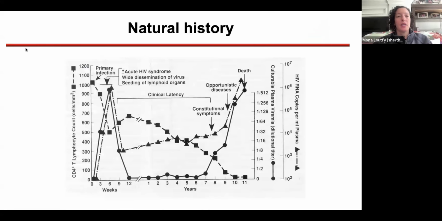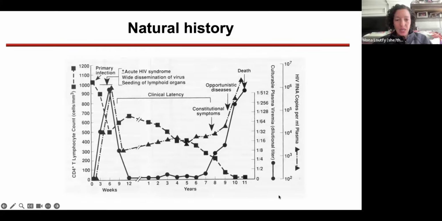Okay. This is what we call the natural history of HIV infection. I know it's a really complicated slide, but this is how it is. It's a bit complicated, so I'm not going to minimize that. But I want you to first look at the line that has the triangles.